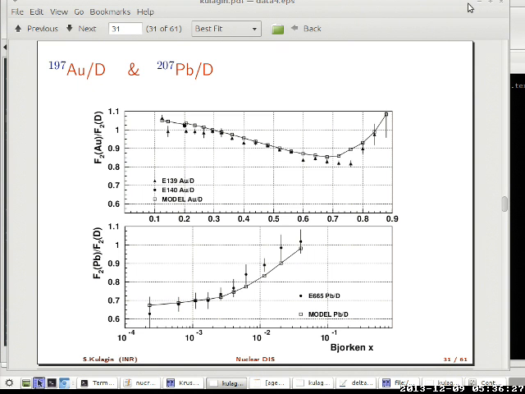This is how the correction looks for heavy nuclei, gold and lead combined, in these two panels, focusing at large x and low x.